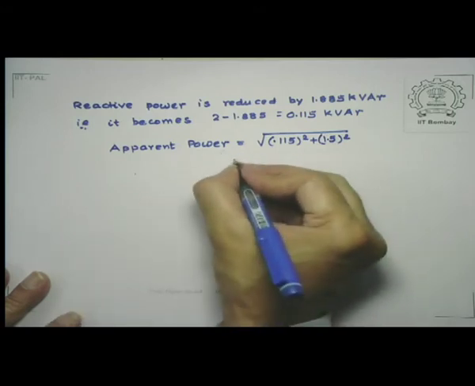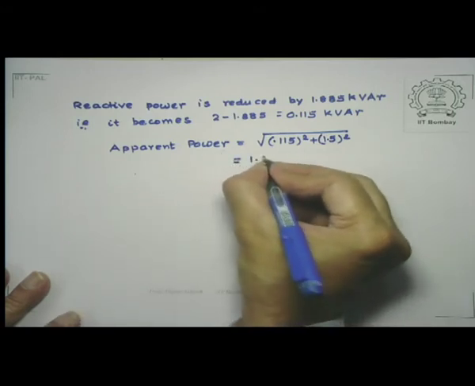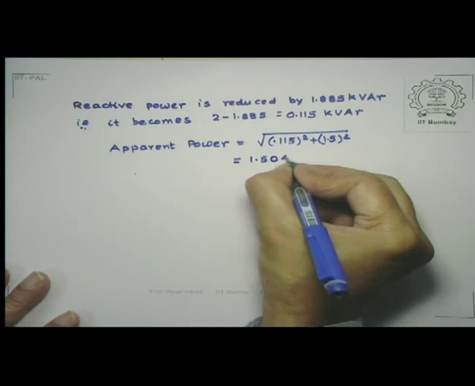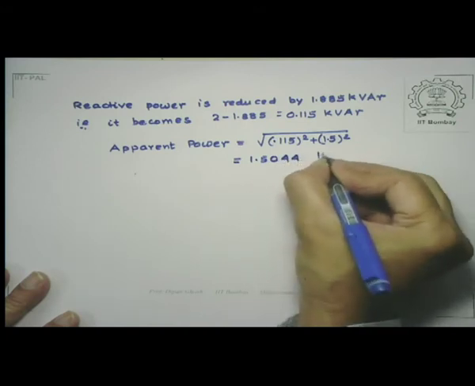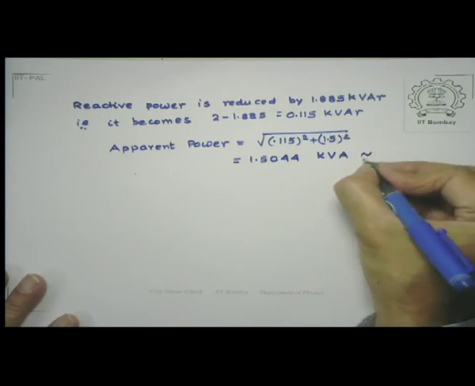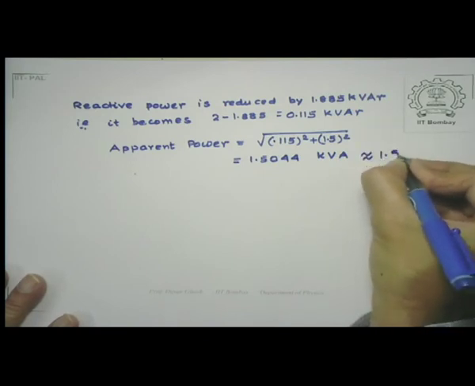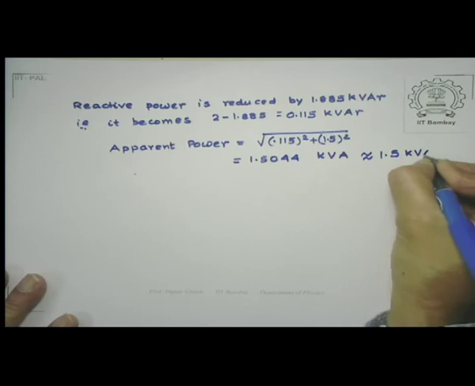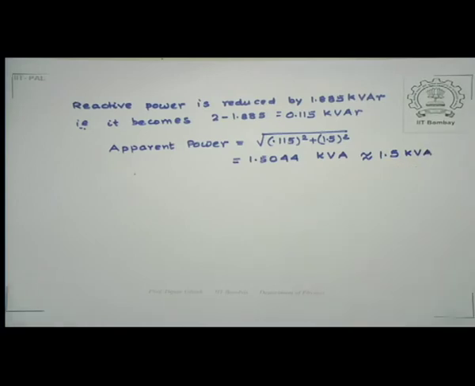If you calculate, that works out to 1.5044, but since this is an apparent power, the unit is kilovolt ampere, and this is very close to 1.5 kVA, which was the true power.